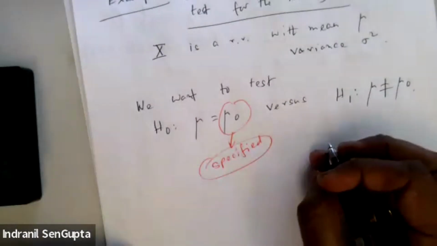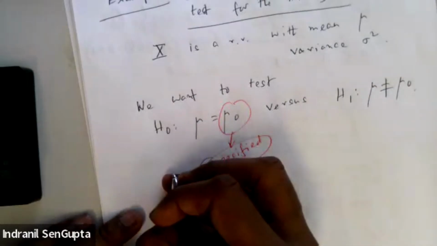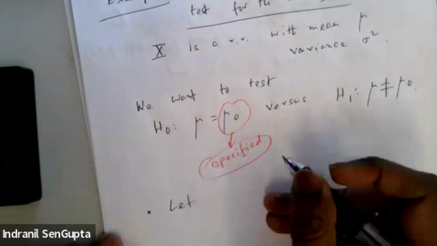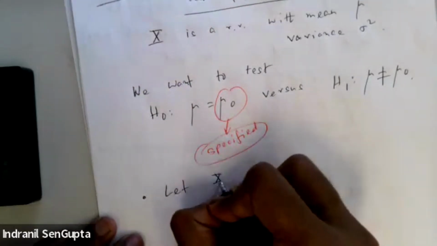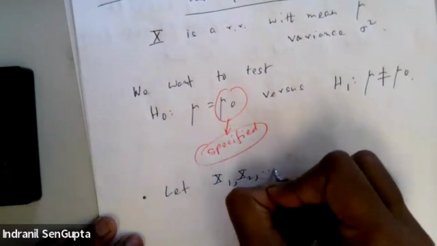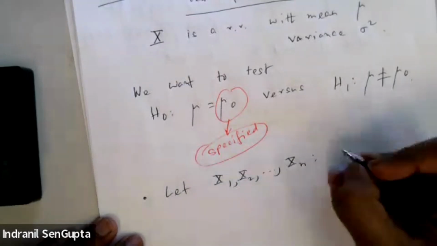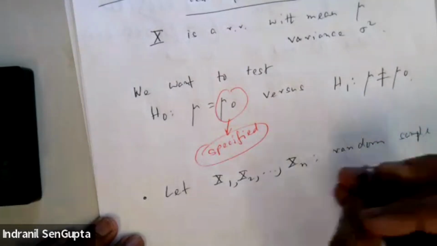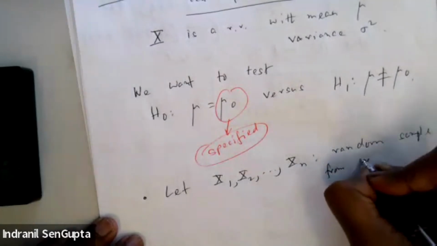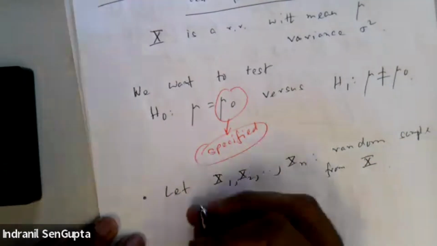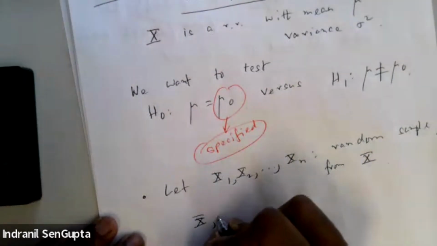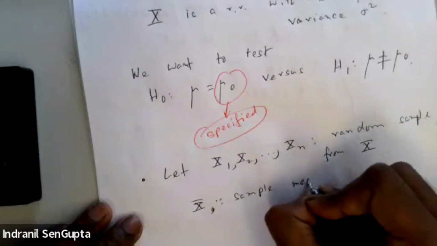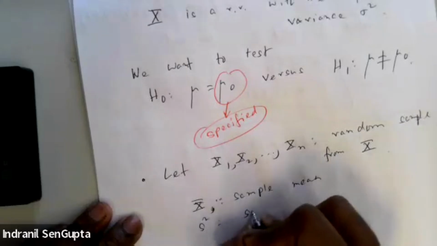Now here is how it's done. Suppose we have a sample. It's very similar to the one-sided test. So let x1, x2, up to xn be a random sample from x. And x bar is the sample mean, just like before, and s squared is the sample variance.